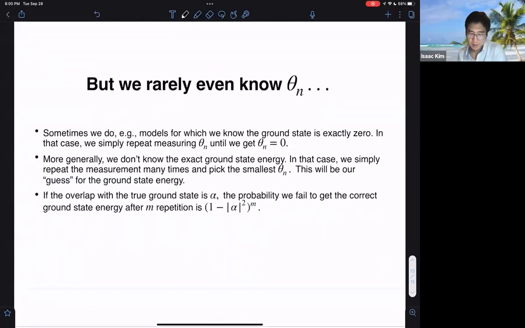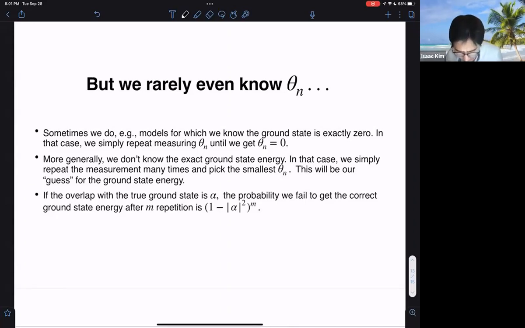I should mention that there's a non-zero probability that you will fail. Let's say your goal is to measure the ground state energy. If you have non-zero overlap with the excited states, then even if you apply quantum phase estimation n times, there is still a non-zero probability that you will never measure the ground state energy, obviously.